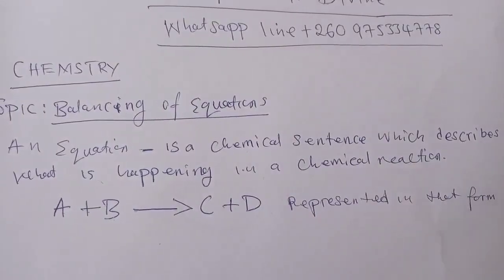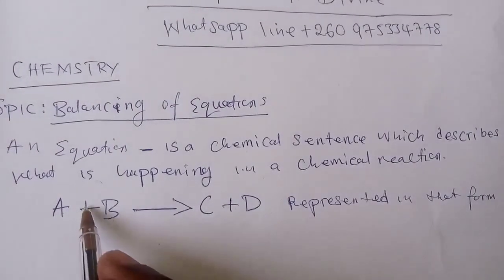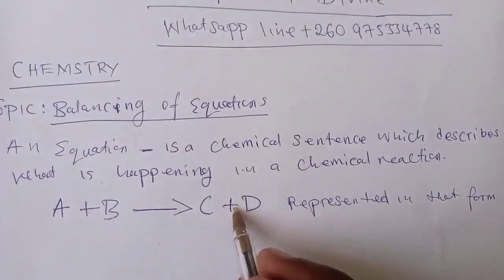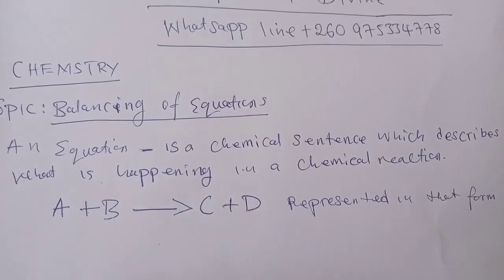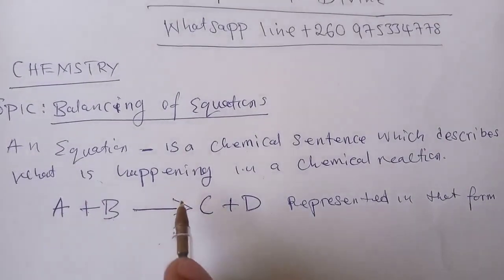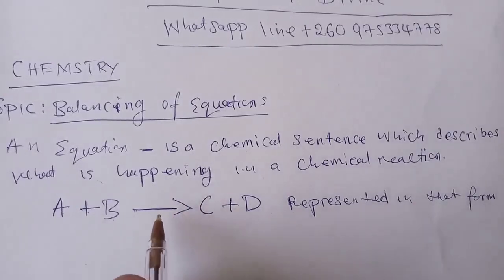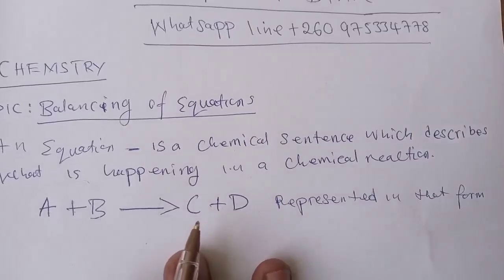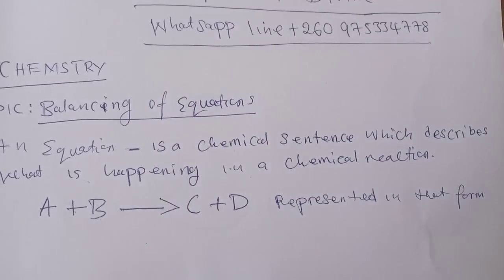So you need to know what this positive sign on the left hand side and this positive sign on the right hand side mean. Even this arrow, you need to know what it means. Make sure that you understand, because chemistry starts from balancing the equations, from making a chemical formula to making a chemical equation.